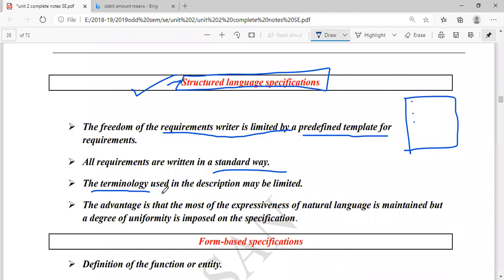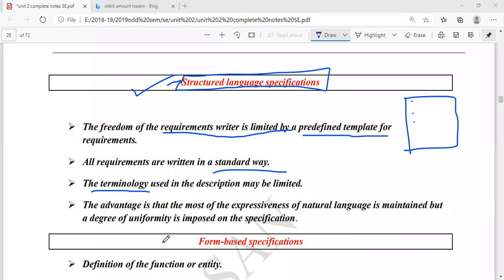Okay, so the main advantage of using this structured language specification is that most of the expressiveness of natural language is maintained. It means most of the content from the natural language is converted into standard format. Are you getting that? So number of sentences or number of the data is reduced.